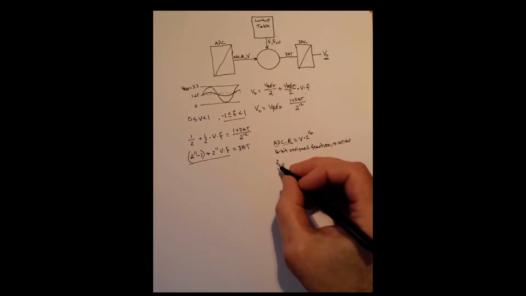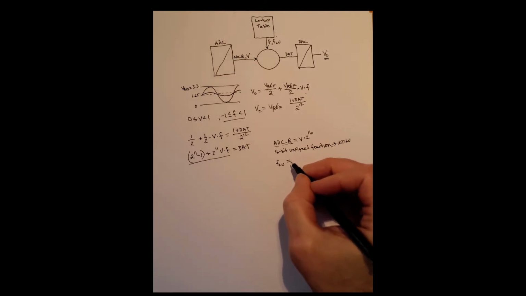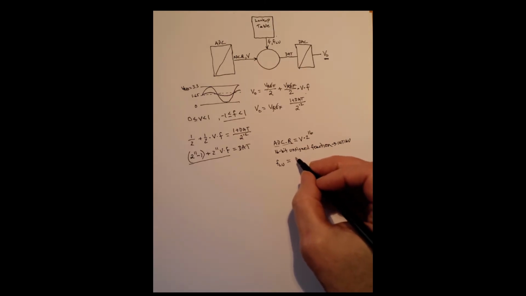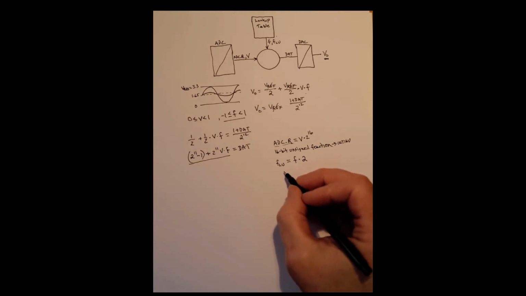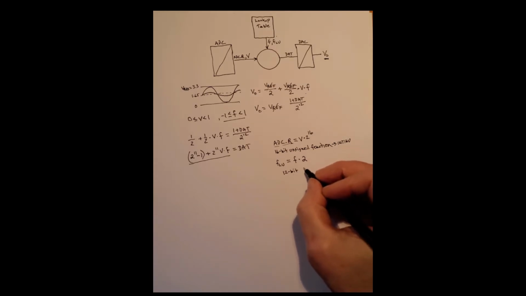So the lookup table values, 12-bit values, are equal to the function times 2. Now, is it 12 or 11? Well, these are 12-bit signed fractions.